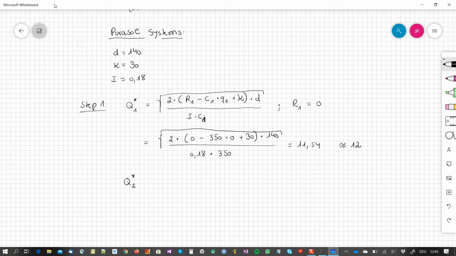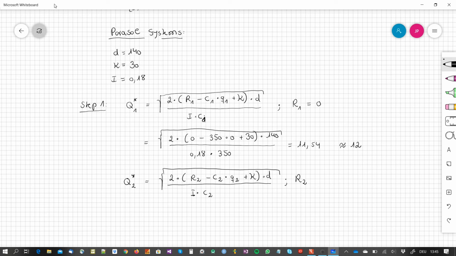The next optimal order quantity is then 2 multiplied by R2 minus C2 from Q2 plus K multiplied by D, divided by the annual interest rate multiplied by C2. This is under the square root.